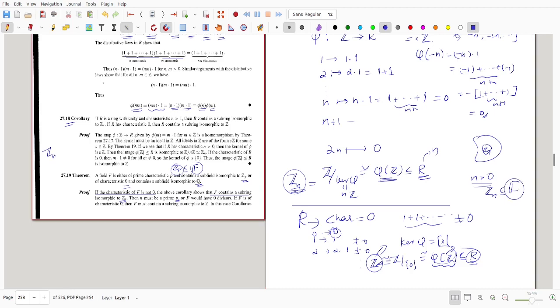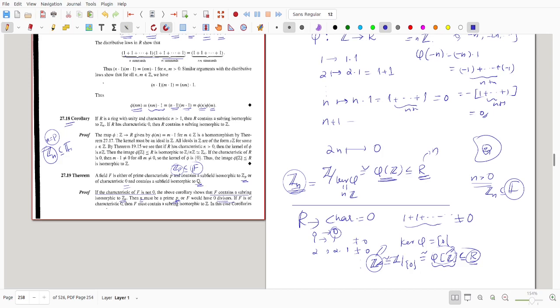Whenever a subring isomorphic to Zn is contained in F, then we know that F is a field, so it does not contain zero divisors. If Zn is contained in F, Zn should not have zero divisors. Zn has no zero divisors if and only if n is a prime number. That's why we say that n must be a prime number. Otherwise, F would have a zero divisor.